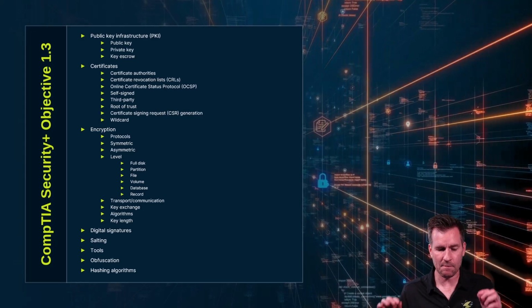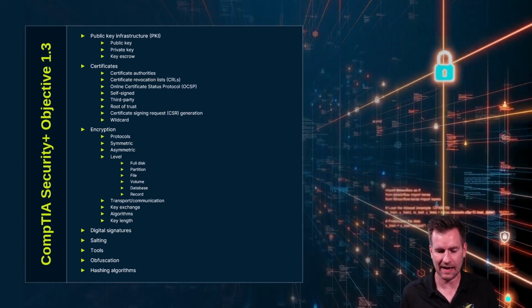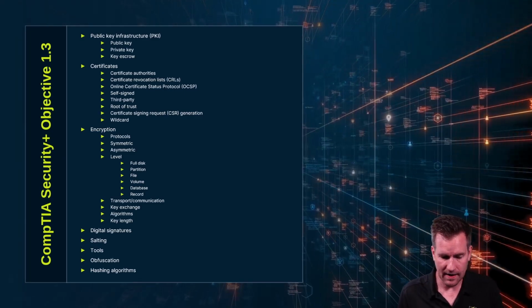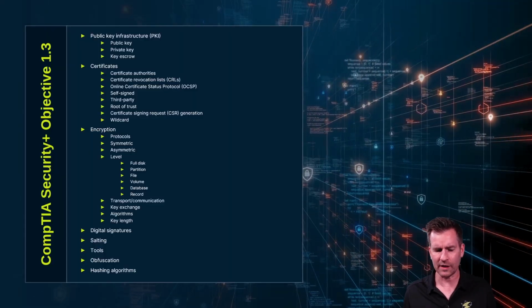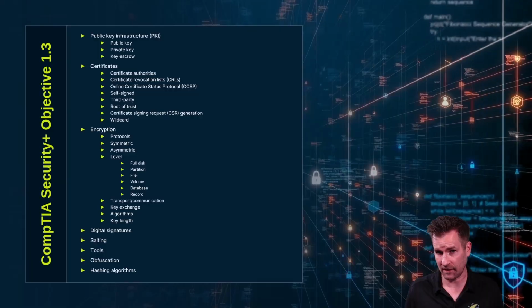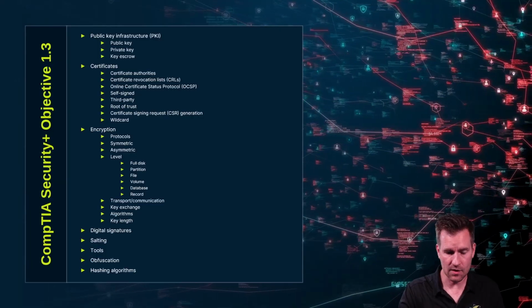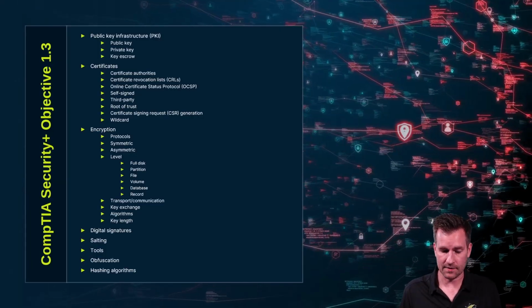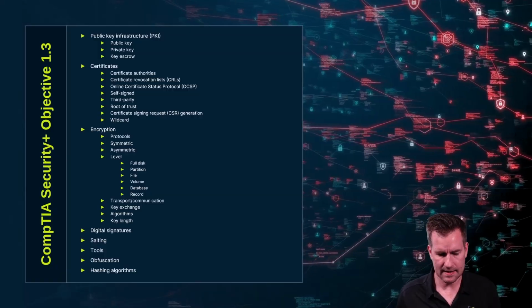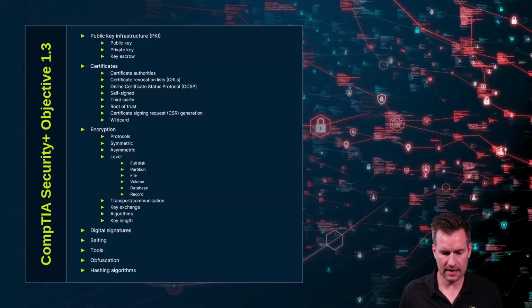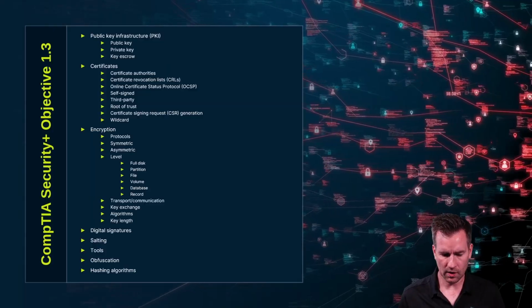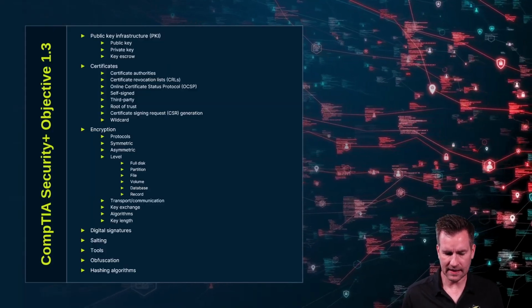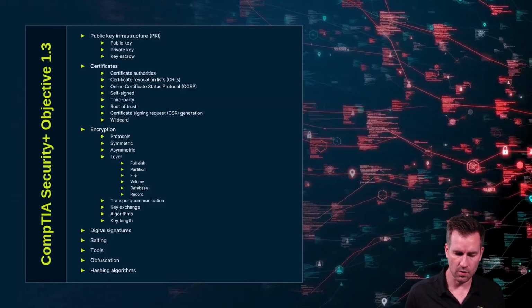So we'll start out with public key infrastructure, or PKI. We'll talk about a few different aspects of it, like a public key, a private key, key escrow. We're going to get into certificates and what certificates look like. Hint, PKI uses certificates. So we'll talk about certificate authority, a certificate revocation list. We'll get into online certificate status protocol, or OCSP, self-signed certificates, third-party certificates, root of trust.